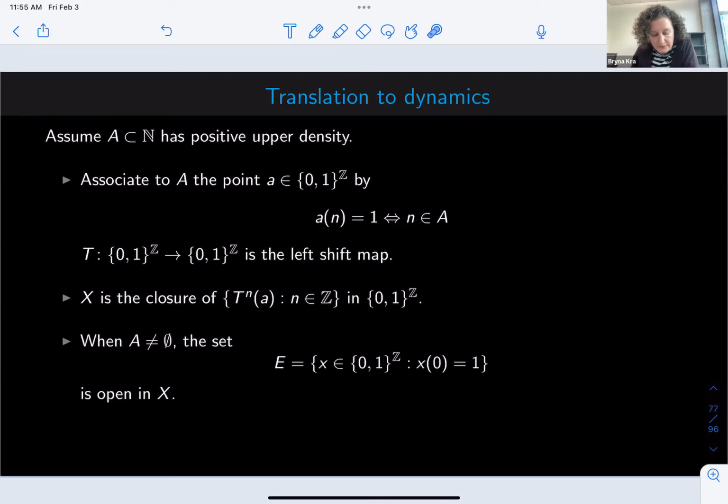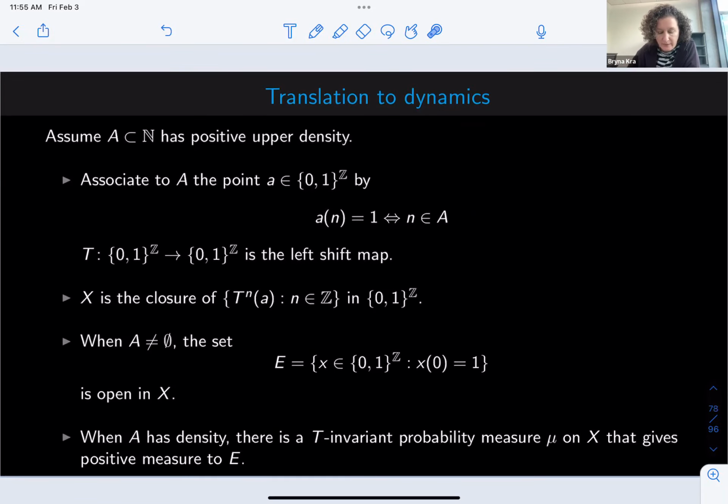And you look at the clopen set E, which looks at all those points which agree at the 0th spot to have a 1 there. This is the first form of correspondence that we went through earlier: when A has positive density, you can find some T-invariant measure mu that gives positive measure to this set E. So far, we've done nothing different than the first form of correspondence.